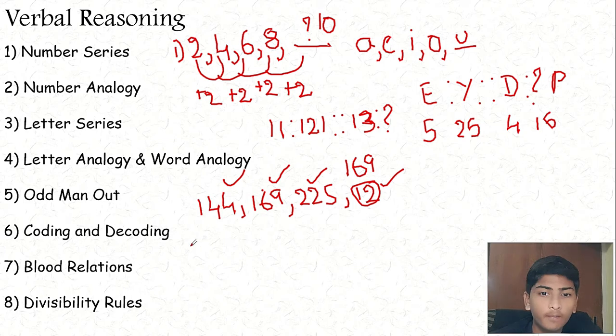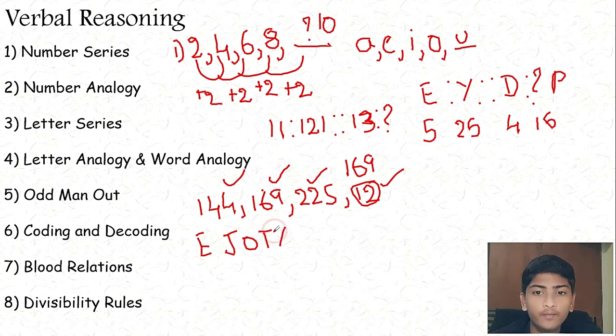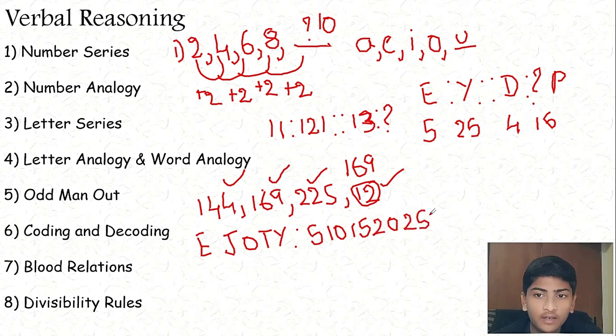Next, coding decoding. Here the letters will be E, J, O, T, Y, related to 5, 10, 15, 20, 25. Like this the numbers will be. And they'll give again something like A, B, C, D, and ask for the answer.